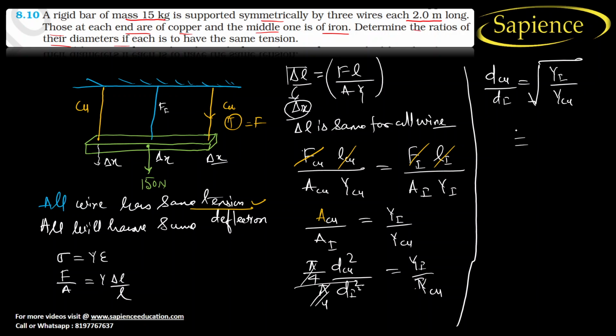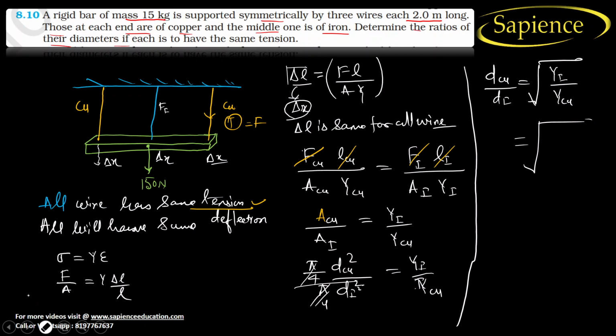Now if we want to put in the values, we need to know the Young modulus of elasticity for copper and iron. Sorry, for iron it is different.